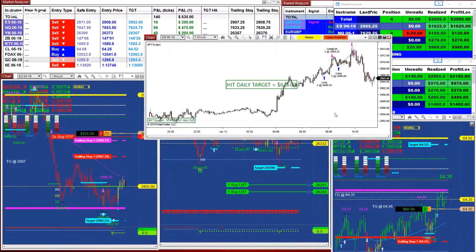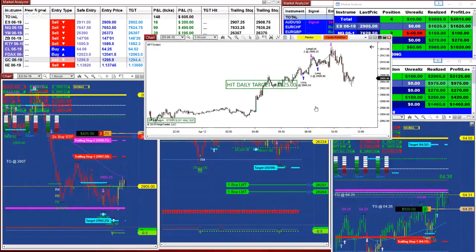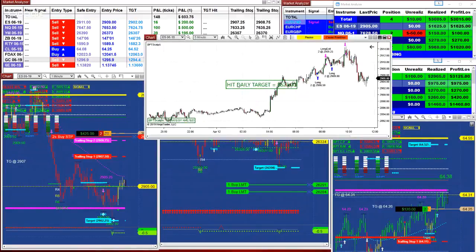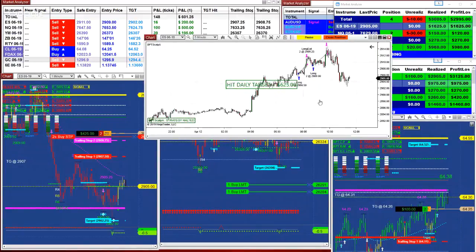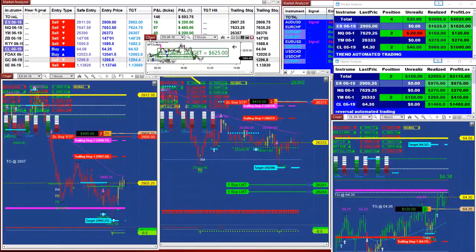Market orders. 2 trade was done on the 5 minutes. Scalp in A and 625 easy, nice. 2 trade done. And this is market order, not limited.